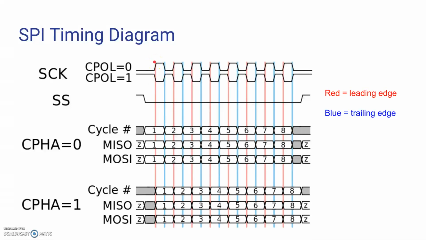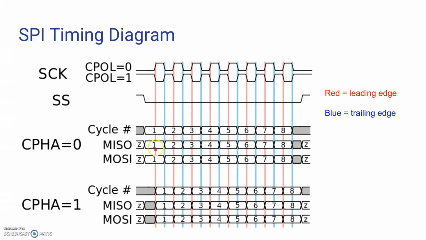So, with a clock phase of 0, that means we are capturing on this leading edge. This is when we capture, which implies that the moment we have our chip select or slave select, we are already transmitting. We transmit, and at that first clock edge, that's when we receive.